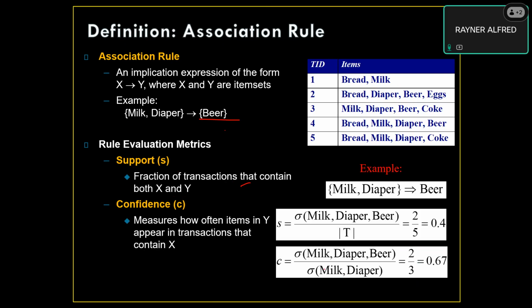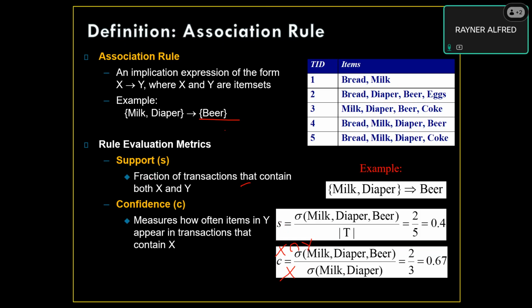So basically this is your X and this is your X union Y. For confidence, the higher the better, because if your confidence is high, that means the rule is very strong, similar to the support that we have here.